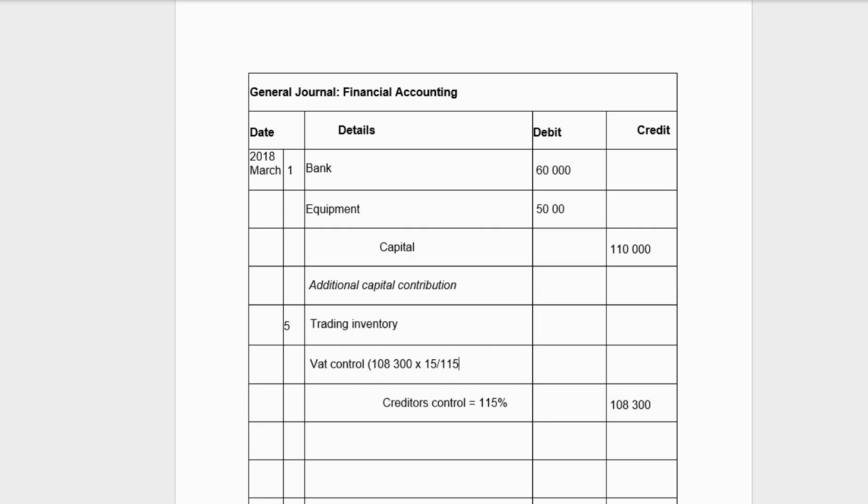And then how much is the VAT right there? And then the inventory is going to be the amount that excludes VAT. So it's going to be 108,300 multiplied by 100 divided by 115. Okay, how much is your inventory there?